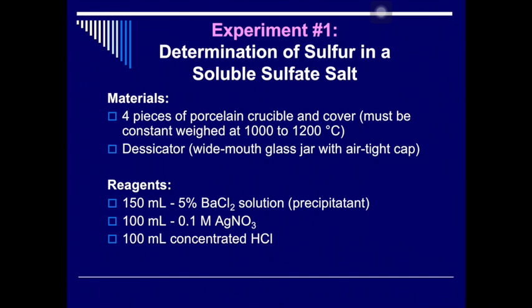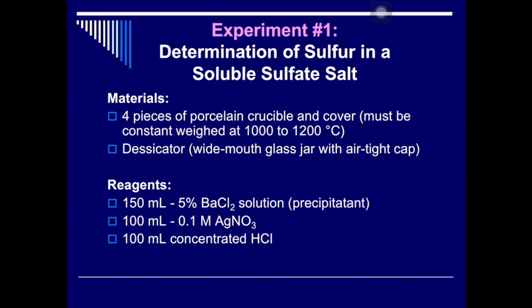So the materials for this experiment are the following. You have 4 pieces of porcelain crucible and cover. This porcelain crucible is made up of a very sturdy material, and it can be heated even up to 1200 degrees Celsius. You also have a desiccator, a wide mouth glass jar with airtight cap, and desiccants that are placed inside it.